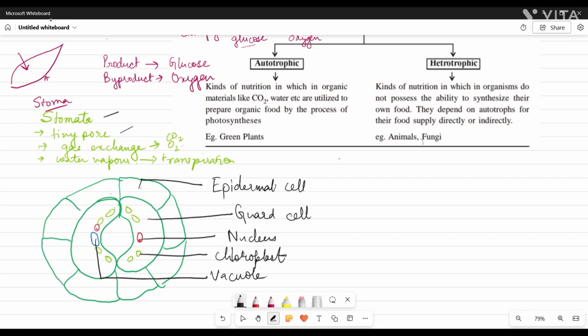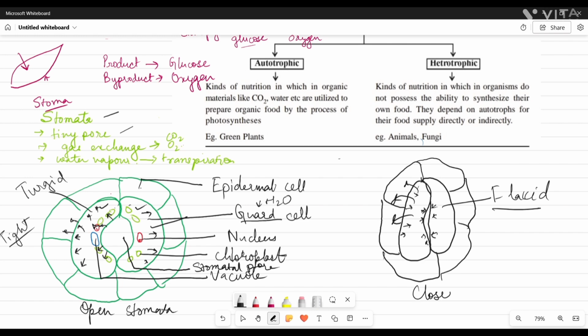Now remember students, this is the guard cell in the morning, that is, this is an open stoma. During the morning, we see the open stomata. When do we see the open stomata? During the presence of sunlight. During the absence of sunlight, we see closed stomata.